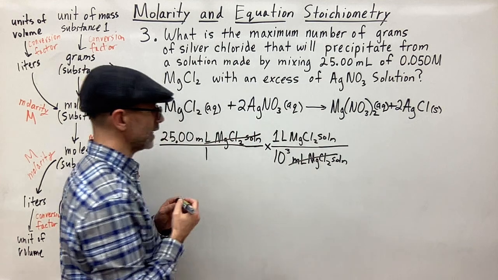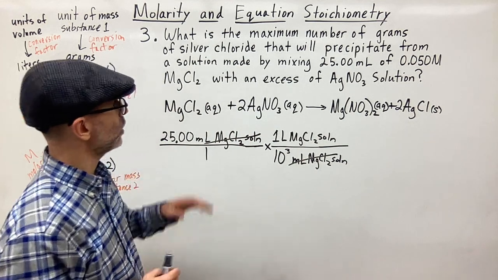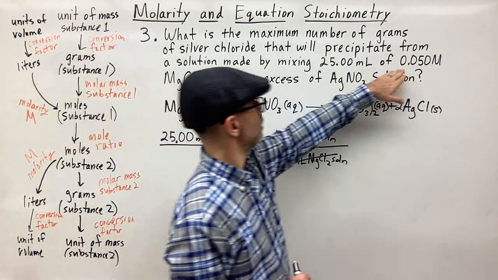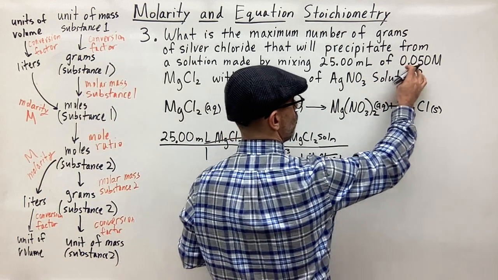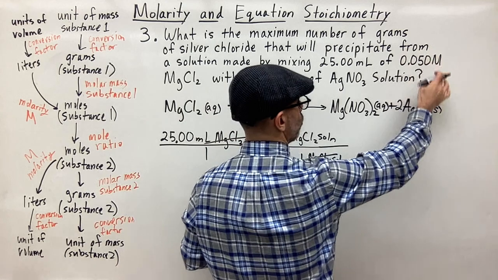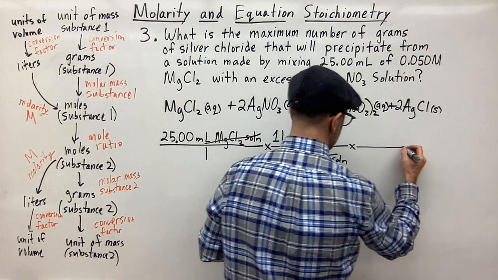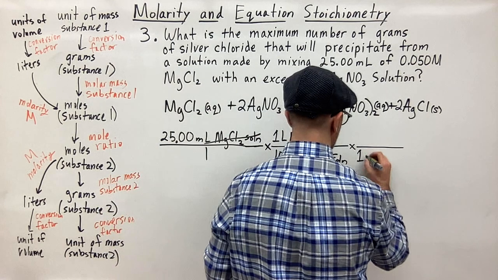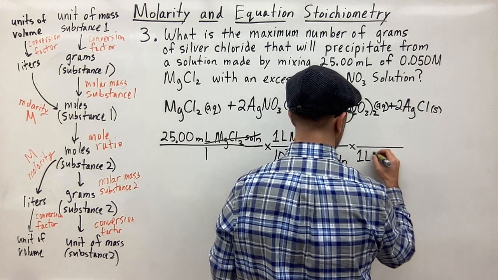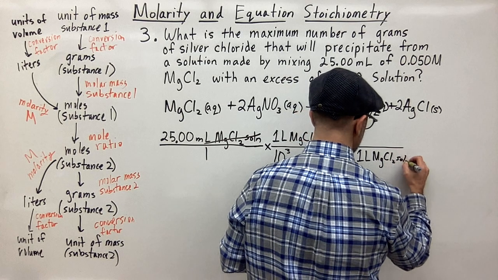Now I have liters. So now I can use the molarity to convert to moles. So what's the molarity? 0.050. So that means I have 0.050 moles per liter. So I'm going to write that. So I have liters on top. I'm going to have 1 liter here on the bottom, 1 liter of the MgCl2 solution.